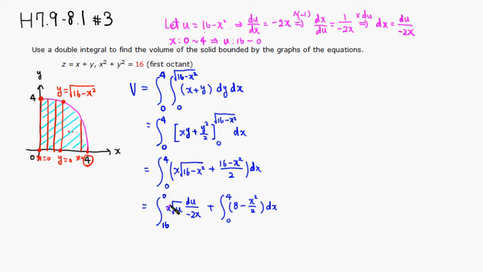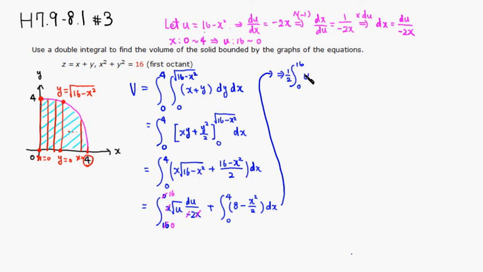Let's clean this up a little bit. The x on top and x on the bottom cancel out. I'm going to use this negative sign to switch the lower limit and the upper limit of the integration. So this is going to be equal to the integral from 0 to 16, with a 1/2 in front, of the square root of u.